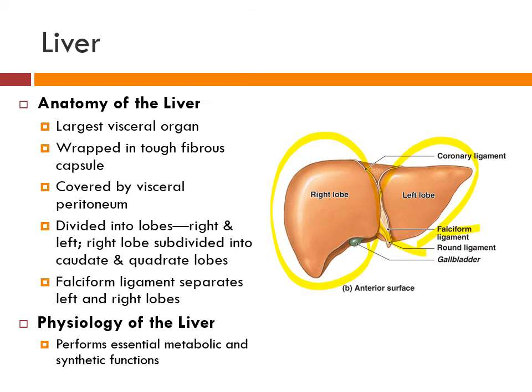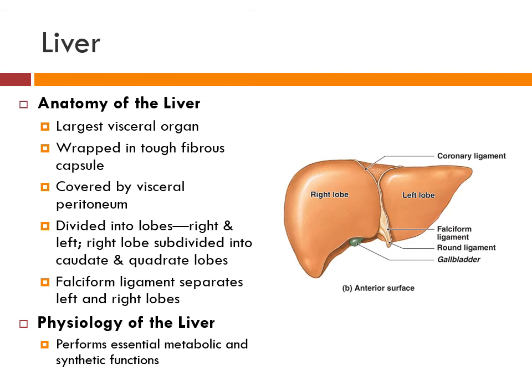The falciform ligament that we talked about earlier, which was part of the ventral mesentery, stabilizes the position of the liver and is right here, holding on to the liver. And then posteriorly on the right lobe, it's posteromedial.